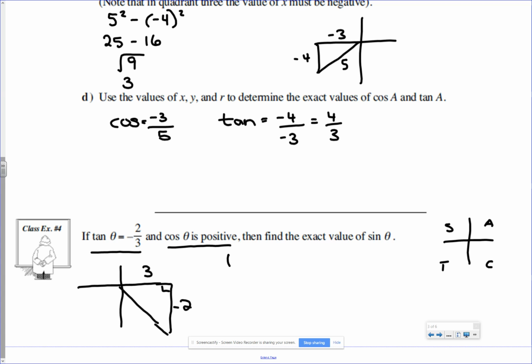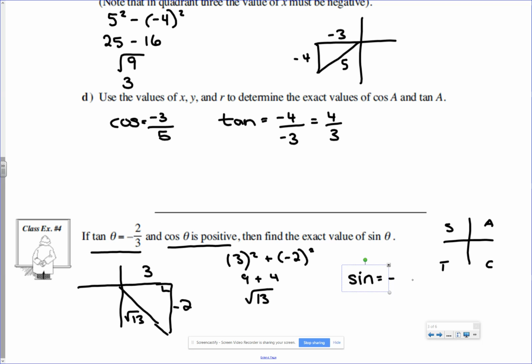So then putting this into my Pythagoras' theorem to try to solve for my missing r side, I'm looking for the hypotenuse, so I'm going to add them. This works out to 9 plus 4, which is 13, and the root of 13 does not simplify. So the square root of 13 is right there, giving us a sine that is going to be negative because I'm in the fourth quadrant, and that would be negative 2 over root 13.